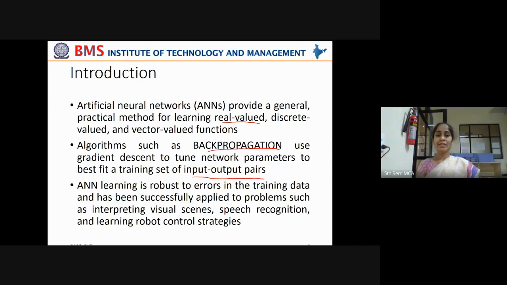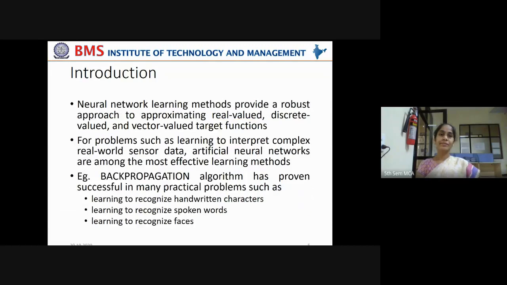So in these kinds of situations, artificial neural networks will be very useful. You can train them in multiple levels in order to arrive at more accurate predictions. Now, neural network learning methods provide a robust approach to approximating real-valued, discrete-valued, and vector-valued target functions.